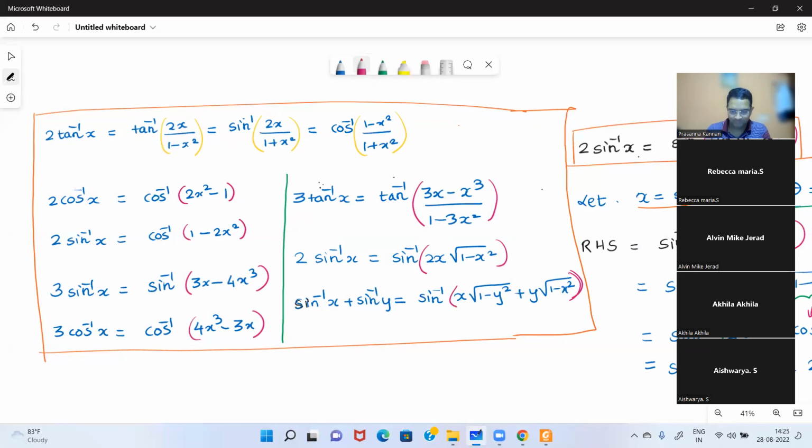Similarly, cos inverse of x plus cos inverse of y can be written as cos inverse of x into y minus root of 1 minus x square into root of 1 minus y square.